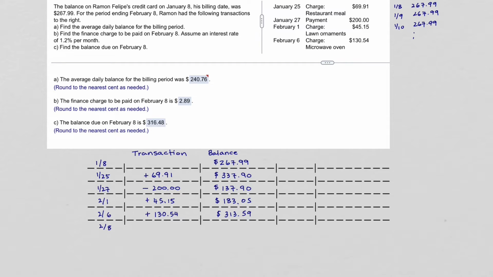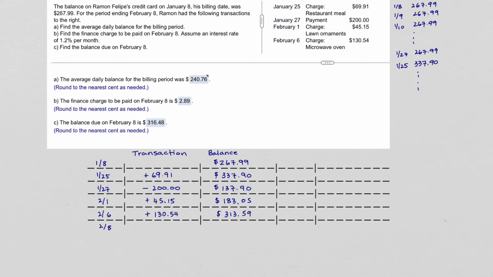And I would keep going until January 24th, and it's $267.99. And then on the 25th is when there was a charge, and the balance changes to $337.90. And then we would keep going throughout the month. And because January has 31 days, there would be 31 of those.